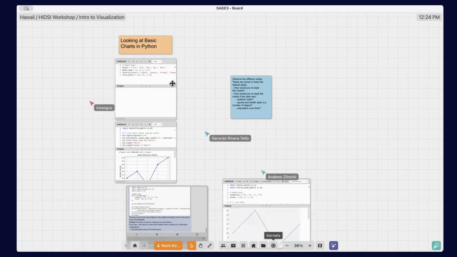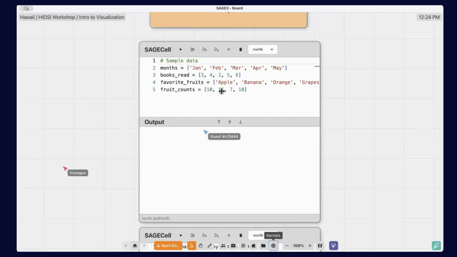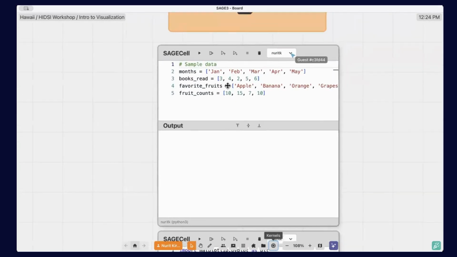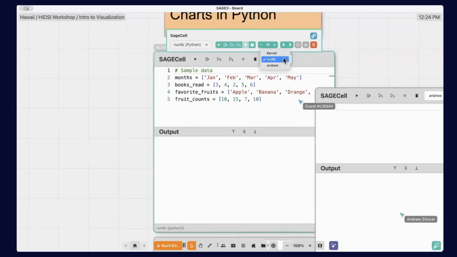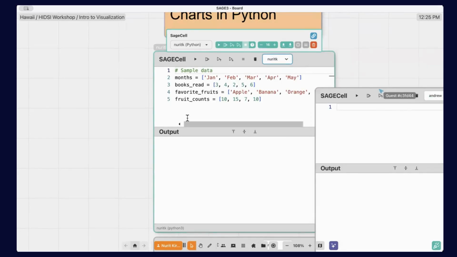Once you create a kernel or use this, you can see that this is a Sage cell that has some very, very short pieces of sample data. And the data is visible from all other Sage cells on the same kernel. So if you want to use different data, you want to create your own kernel. But this is where you kind of choose. Andrew already created his kernel.